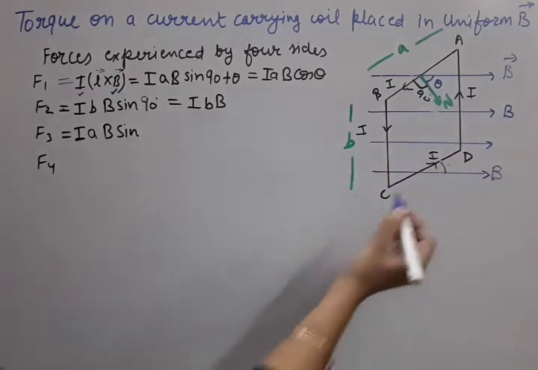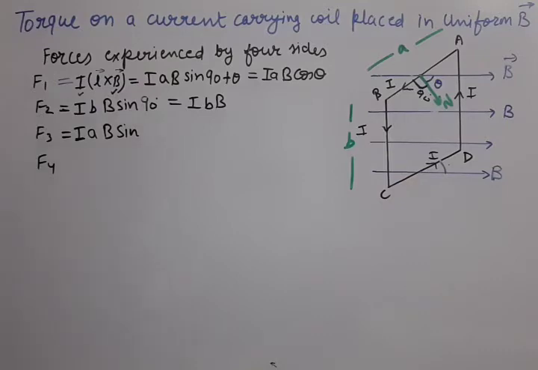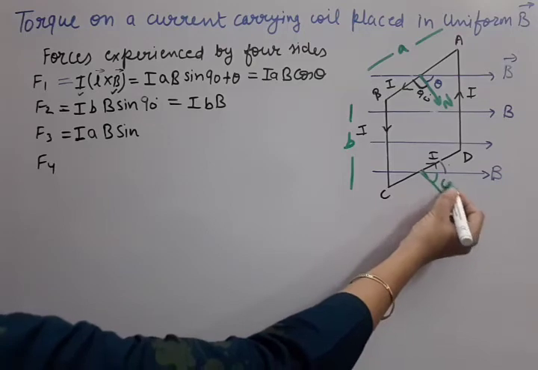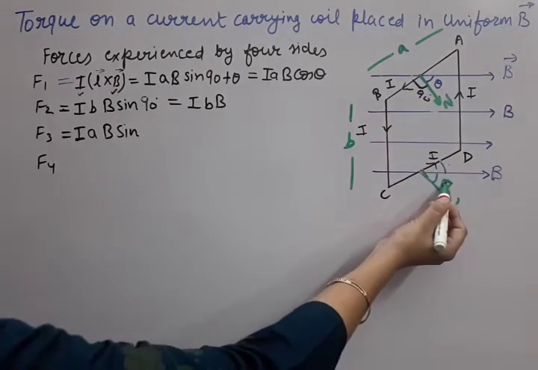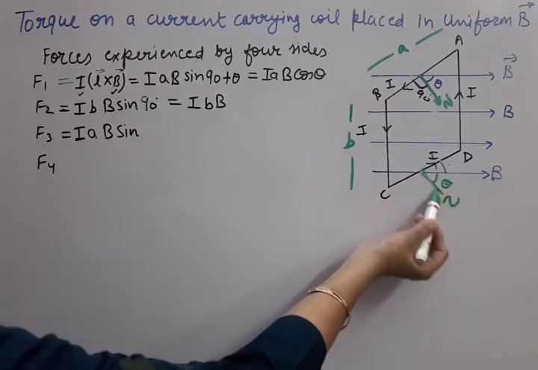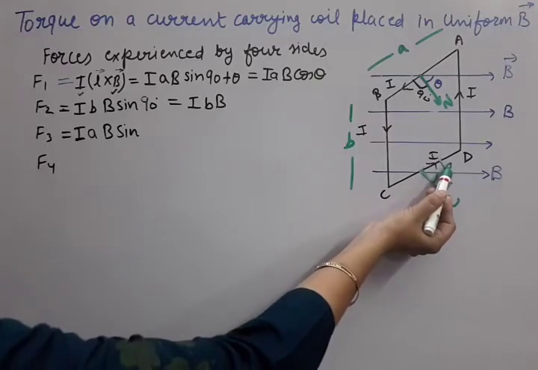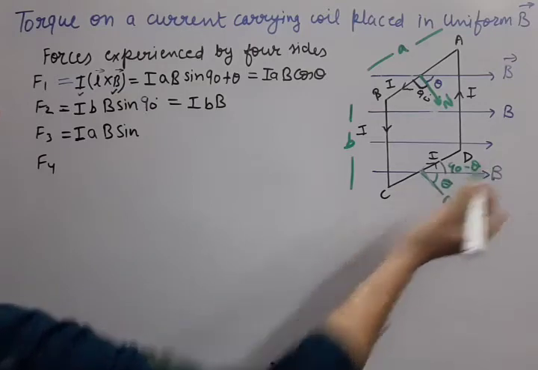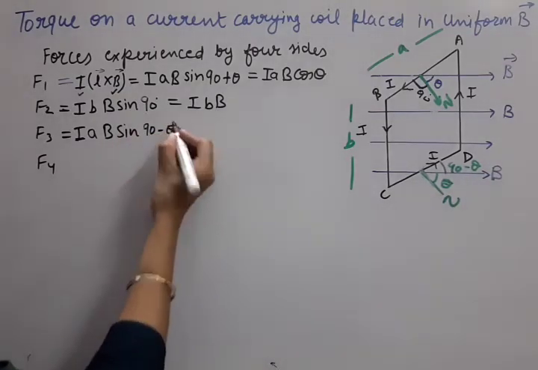Now how to get this angle? Again I will draw the normal here so that you get the idea. This is the normal. Between normal and B the angle is given as theta. Now this total angle is 90. So how much is this angle left? That is 90 minus theta. That's why here we will put angle 90 minus theta.